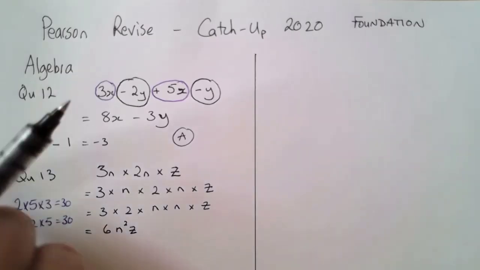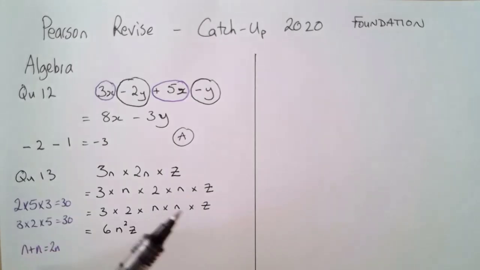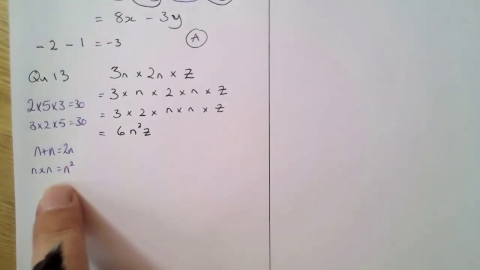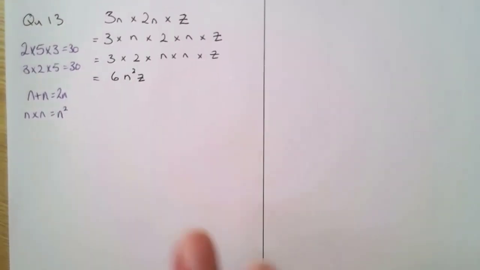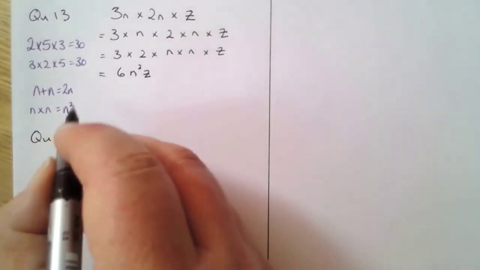Now, if you thought it was 2n, n add n is 2n, but n multiplied by n is n squared. You need to learn this if you haven't learnt it already. Really important, that.